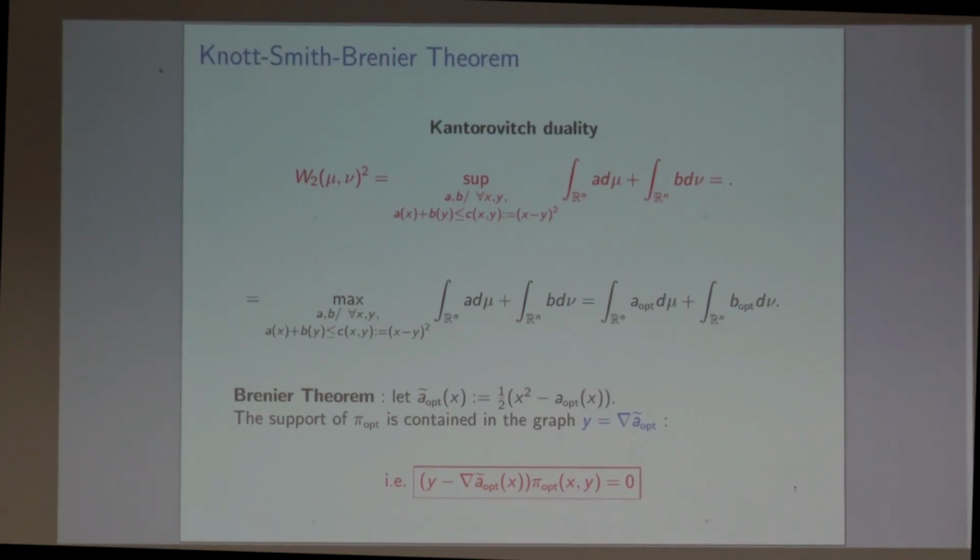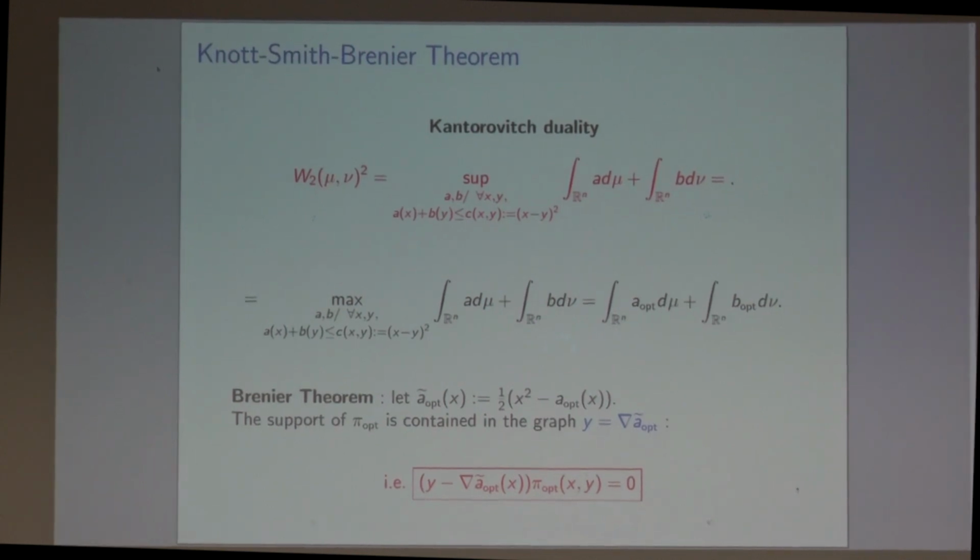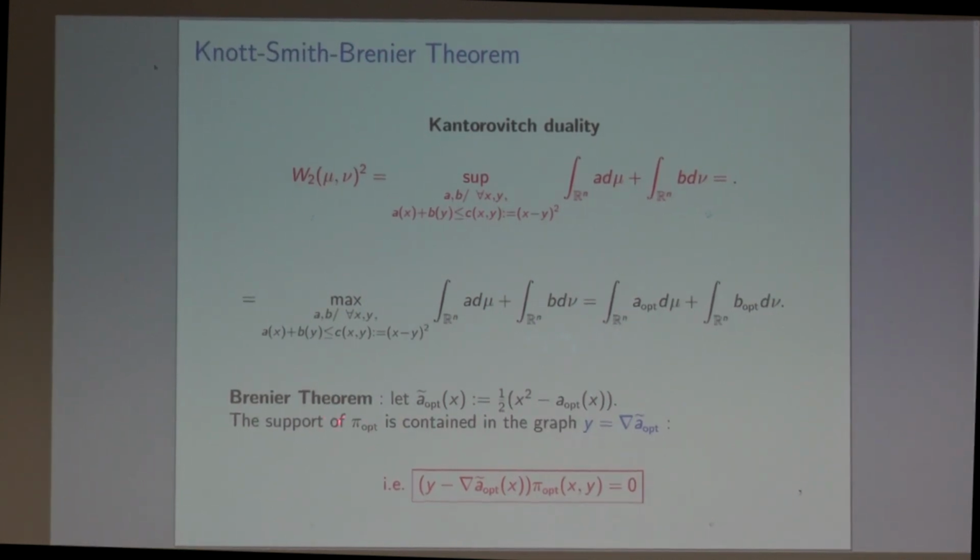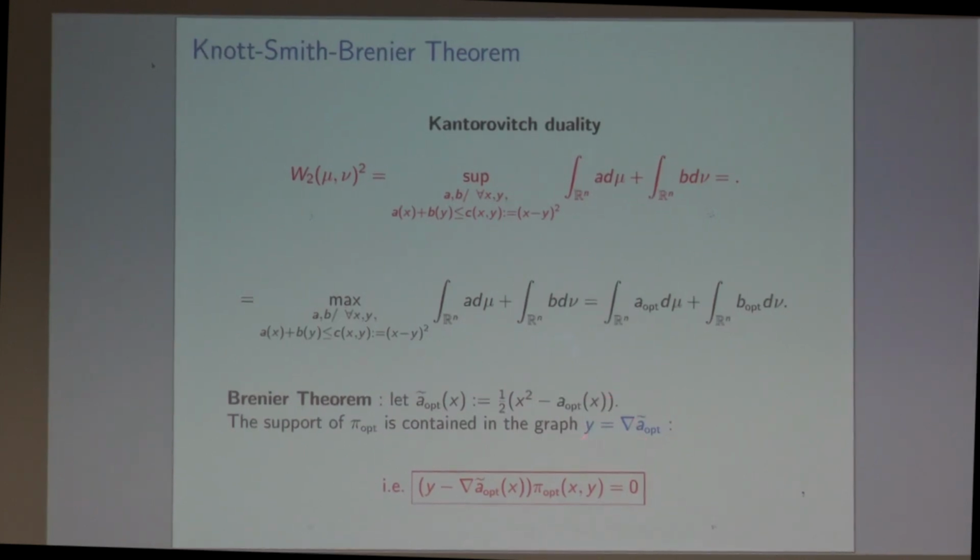Now, the Brenier theorem tells you that, in fact, the support of the optimal coupling, which gives you the value of W2, is contained in the graph of a function which is the gradient of a convex function.